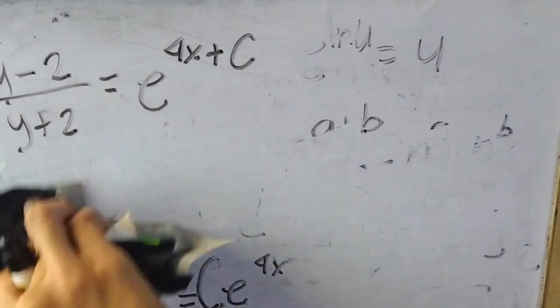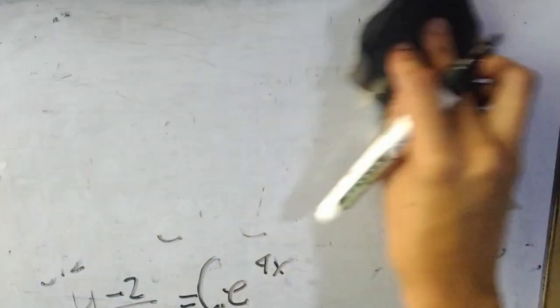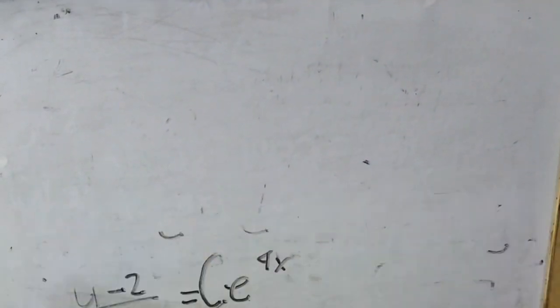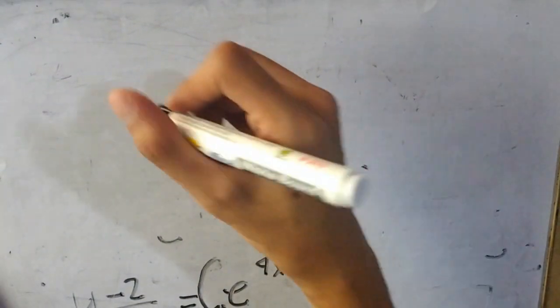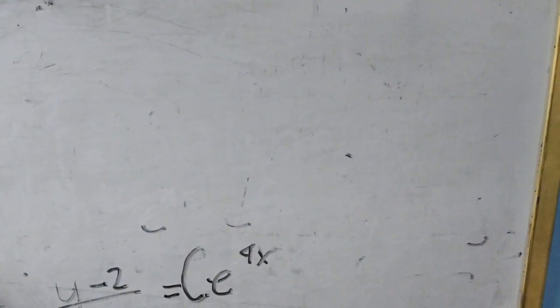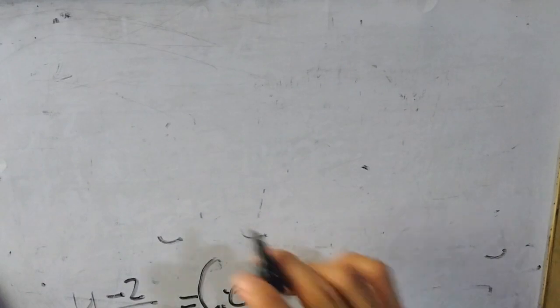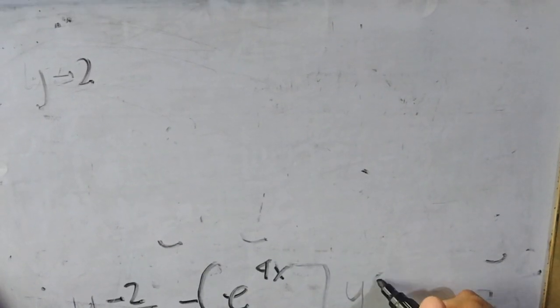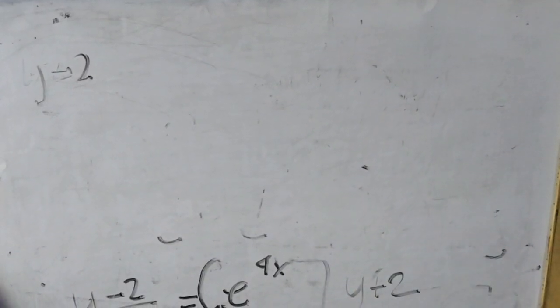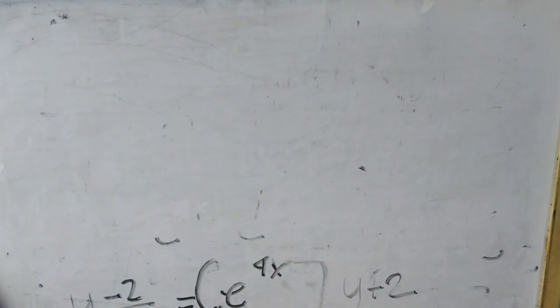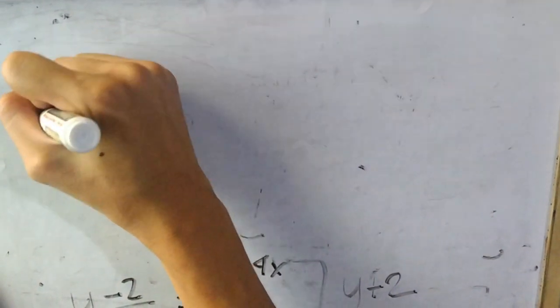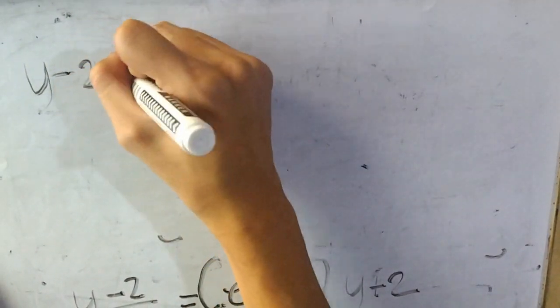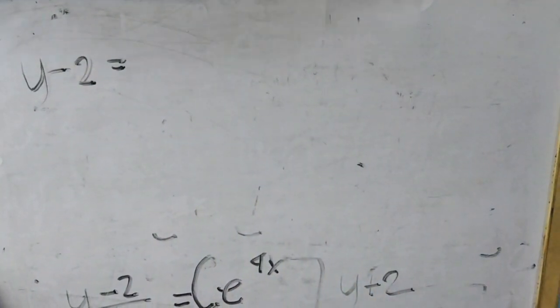So now we will have to find the value of y. In order to do that, I will transfer this y plus 2 to the other side. So y minus 2, we will multiply by y plus 2. If you multiply by y plus 2, this would be cancelled.